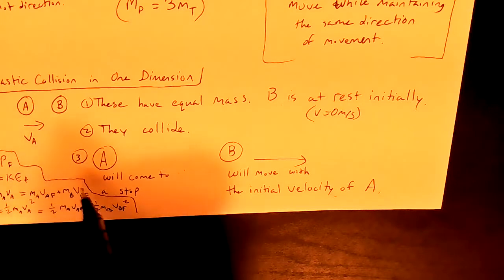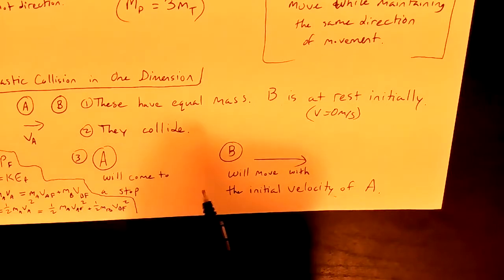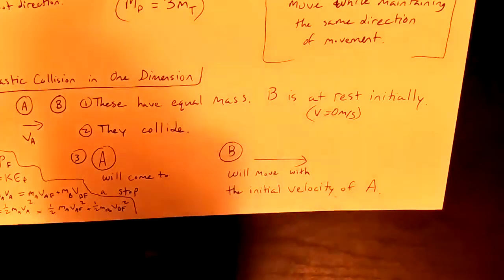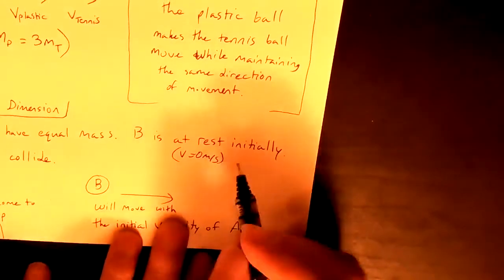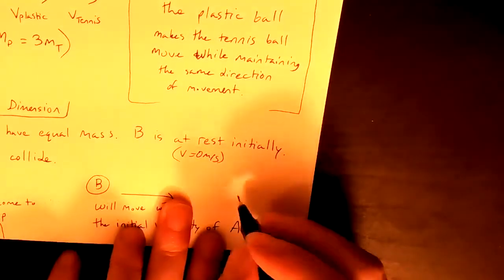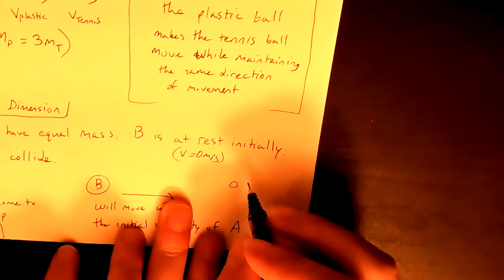But if they have the same mass and they collide, A is going to stop and then B will move with the initial velocity of A. So it's like a billiards table or a pool.